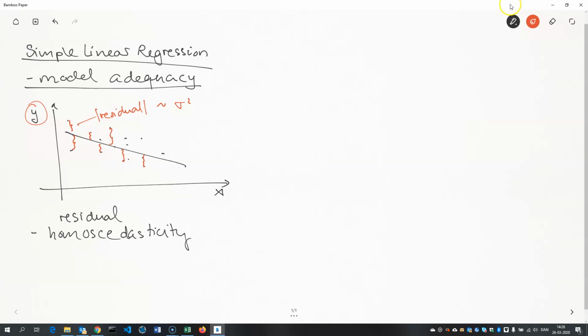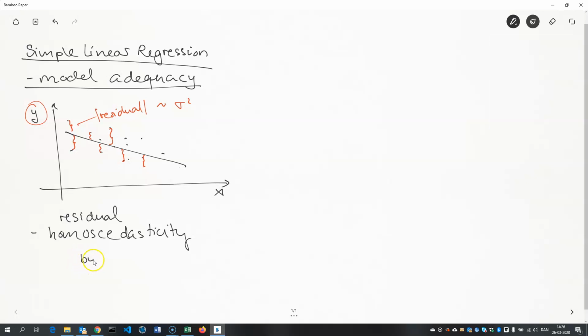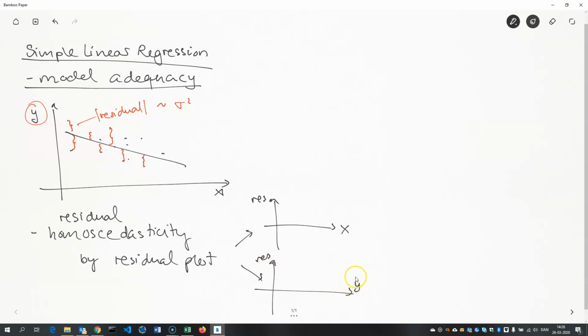How do we test that? Well, the typical way is to make a residual plot, or rather plots, because we can plot the residuals as a function of the x values, or we can plot the residuals as a function of the modeled y values.